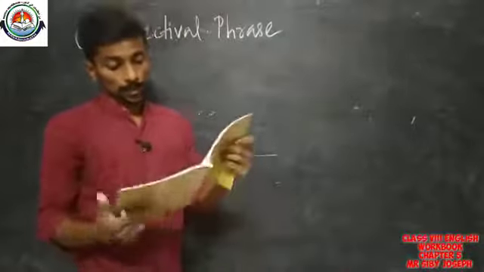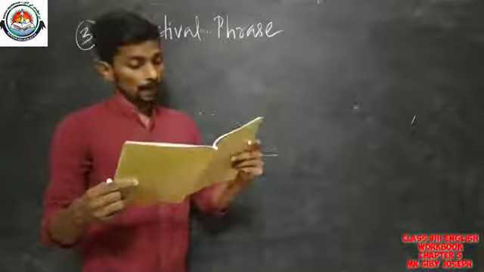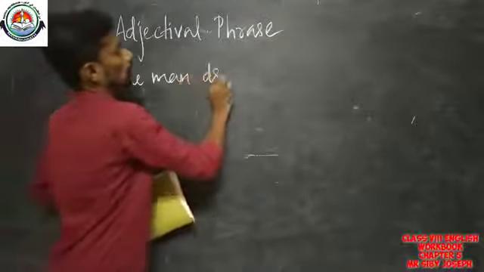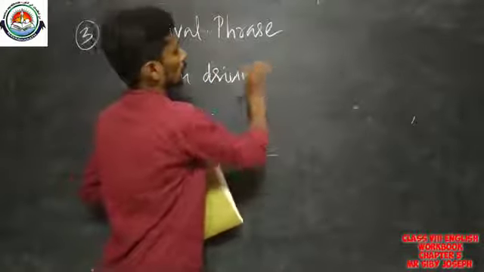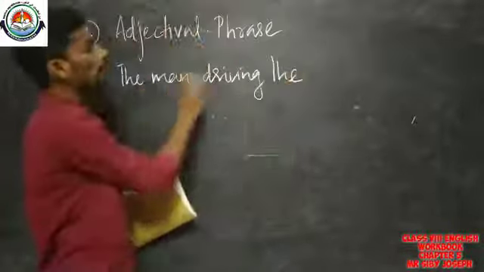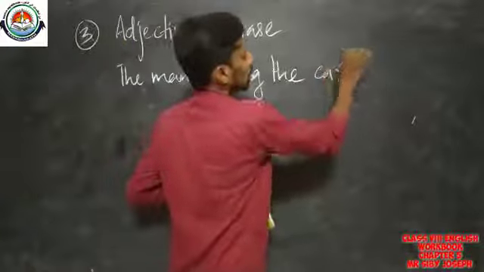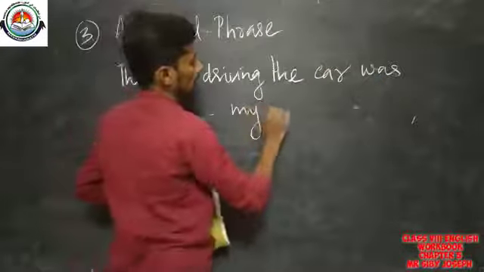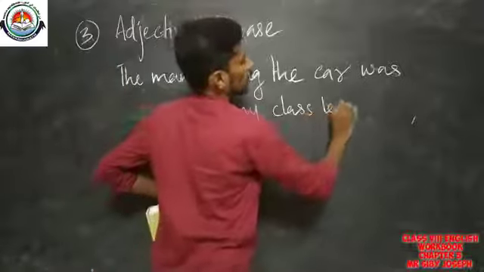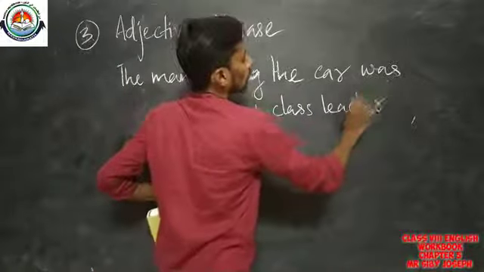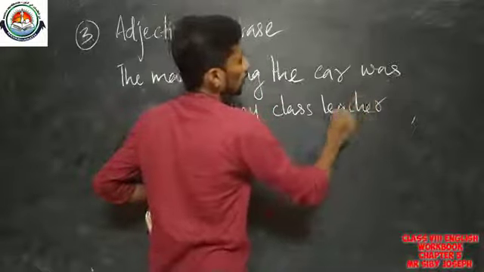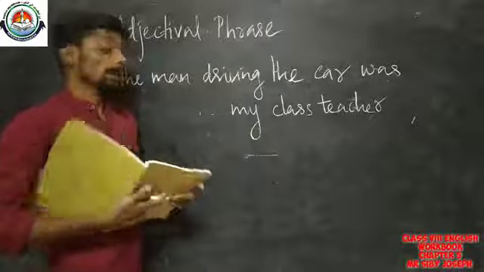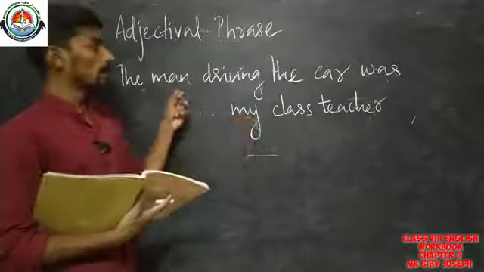Please look at this example: the man driving the car was my class teacher. The boy or the girl, after a long time, happened to see his previous class teacher while he was driving the car.